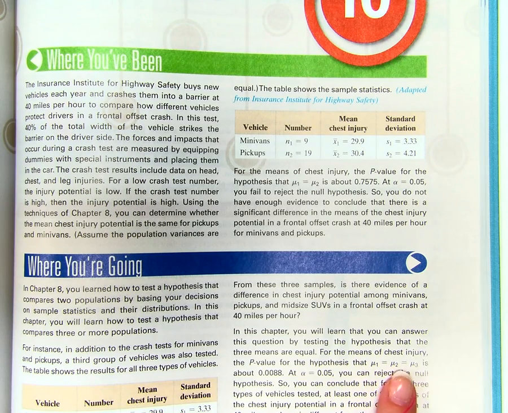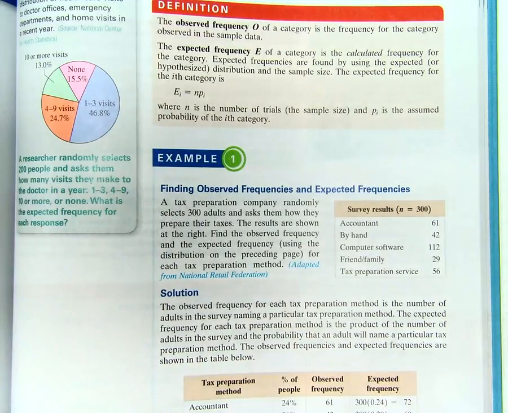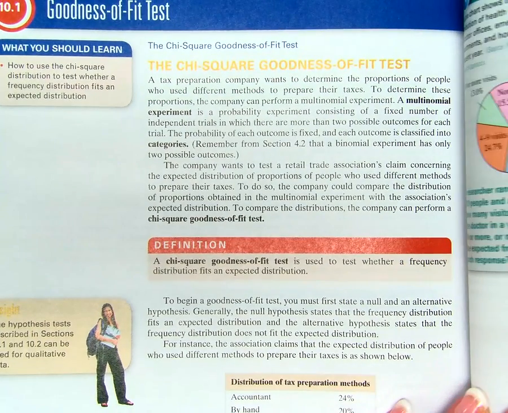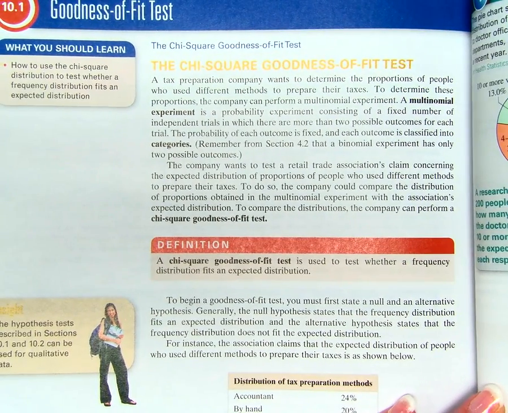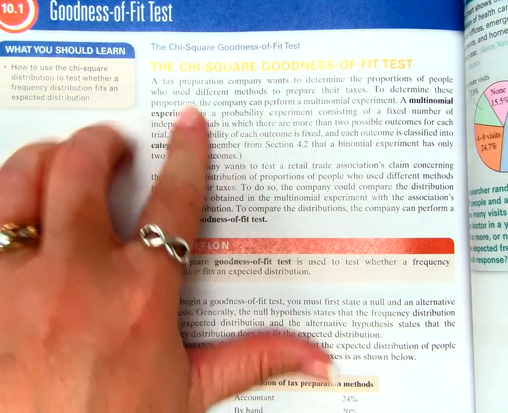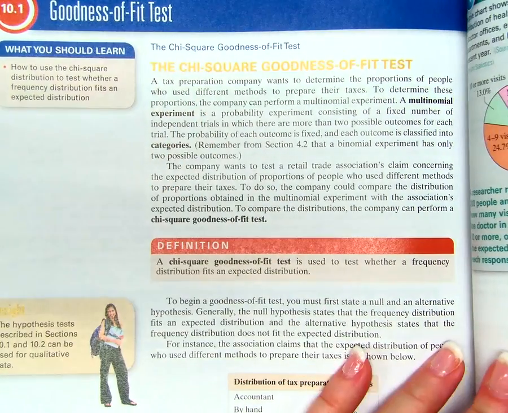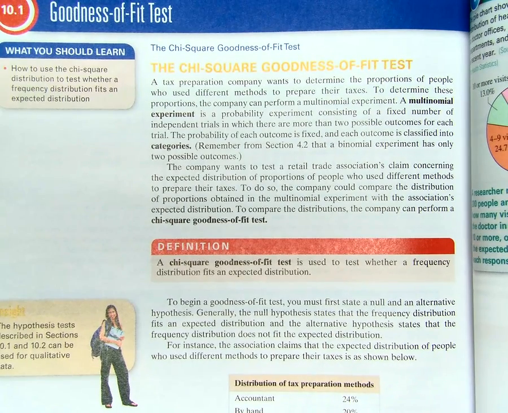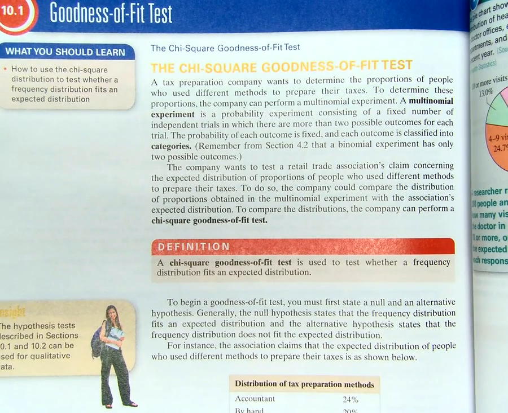Does that make sense? Okay, so Chapter 10.1 deals with the chi-squared goodness of fit test. The main example that we're going to talk about involves a tax preparation company. A tax preparation company wants to determine the proportions of people who use different methods to prepare their taxes.